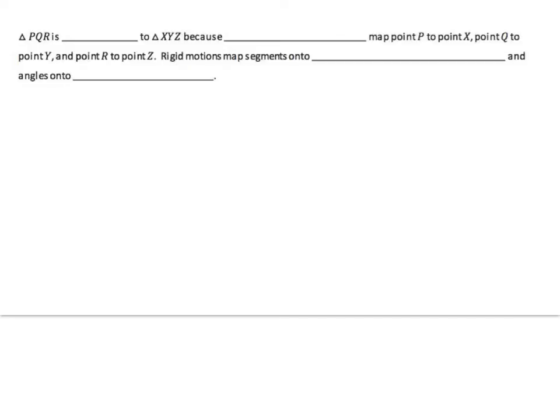Okay, triangle PQR is congruent to triangle XYZ because rigid motion maps point P to point X, but I didn't do X. What did I use?